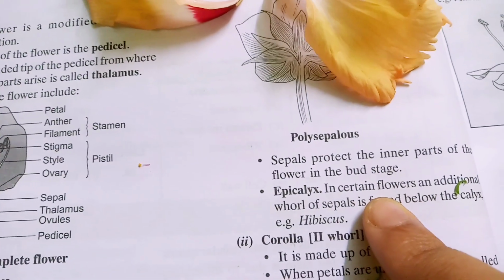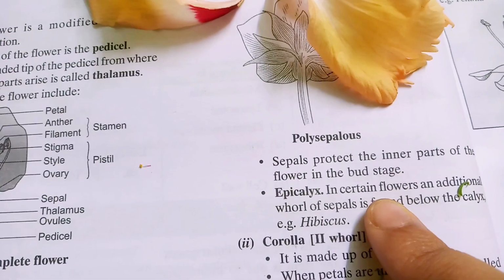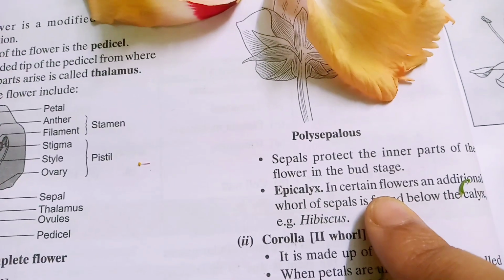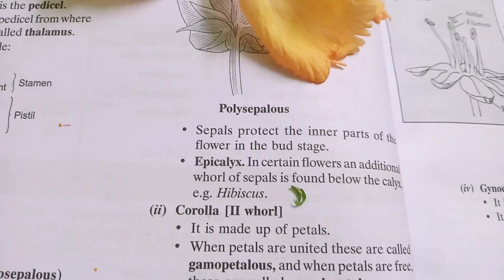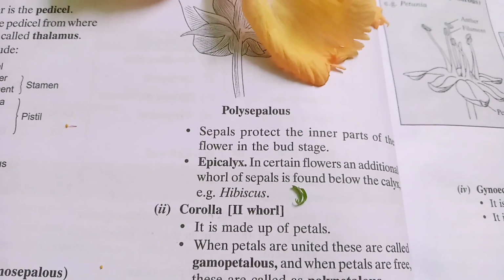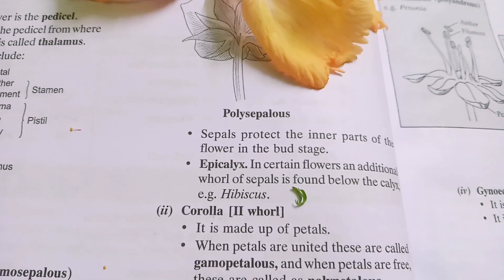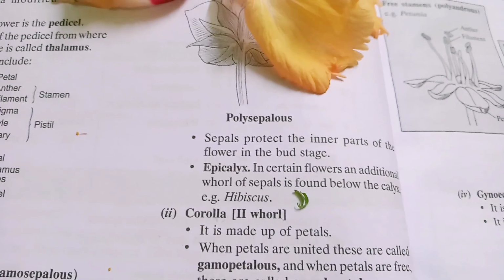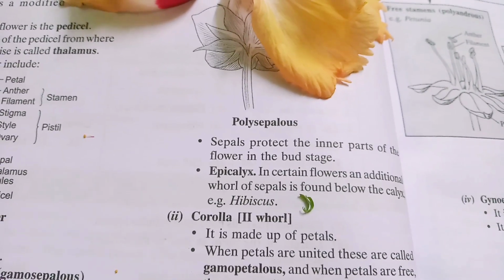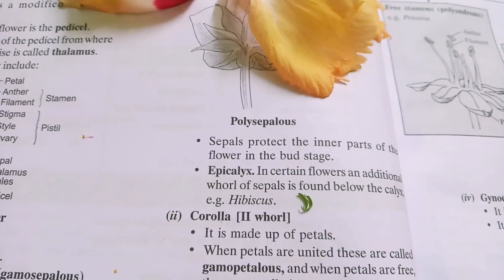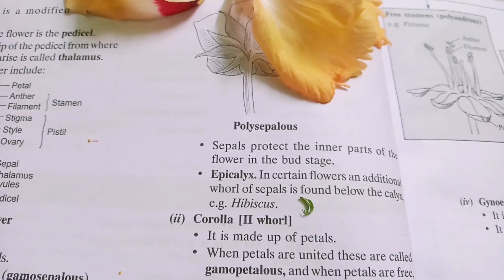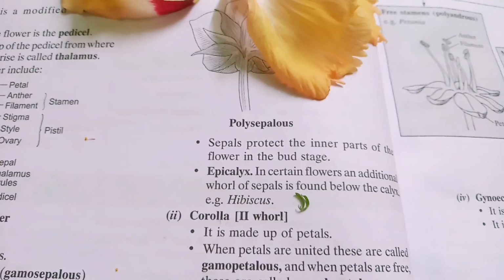When the flower is in bud stage, mostly it looks green in color. So what is the function of the calyx? The function of the calyx is to protect the flower when it is in bud stage. If we observe clearly, we can see that the bud is green in color because of the calyx.